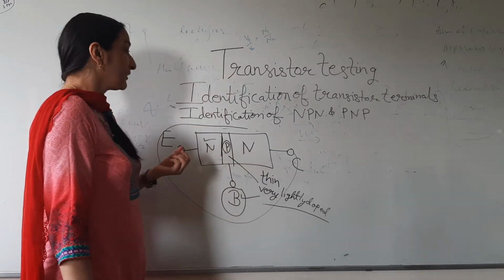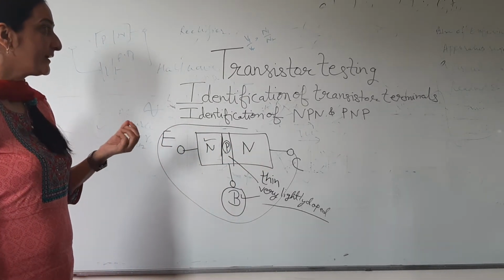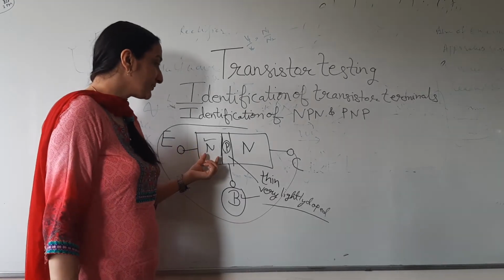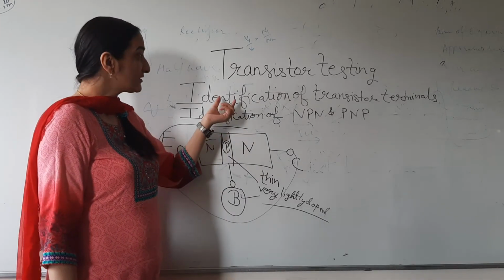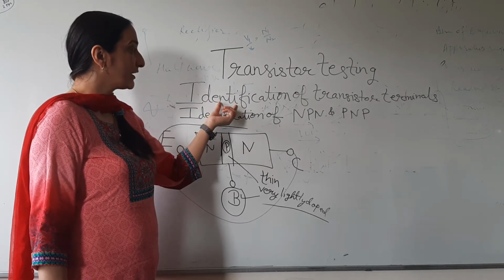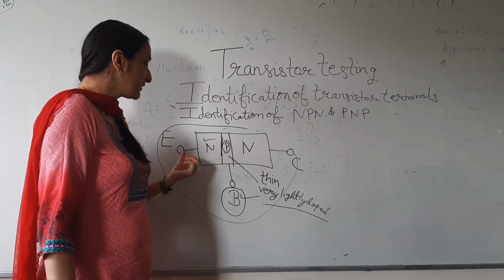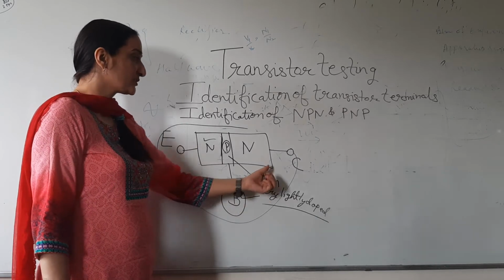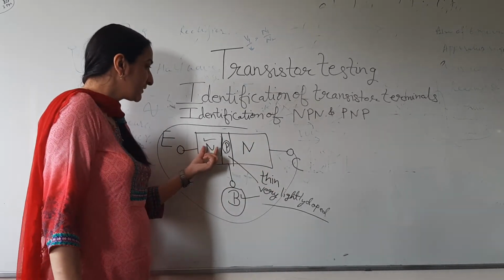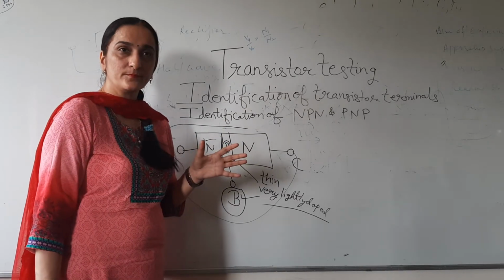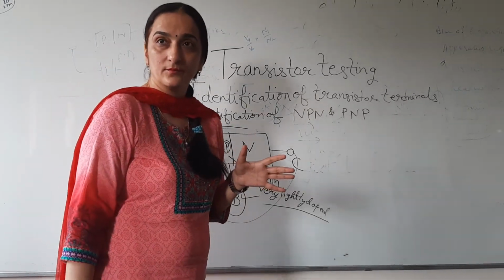Okay. Now, if we are given a transistor, we have to identify whether it is NPN or PNP. So first of all, we have to identify which terminal is the emitter, which is the base, and which is the collector. Although the emitter and collector both are n-type, can we interchange them?